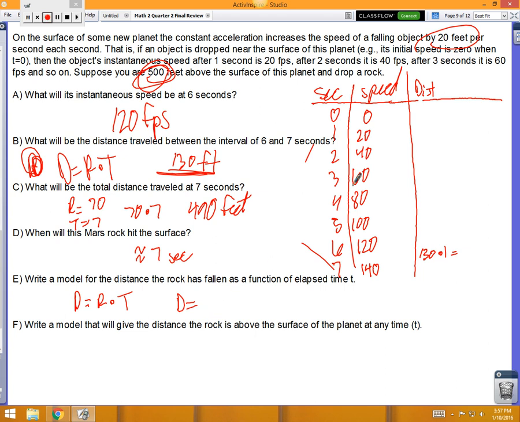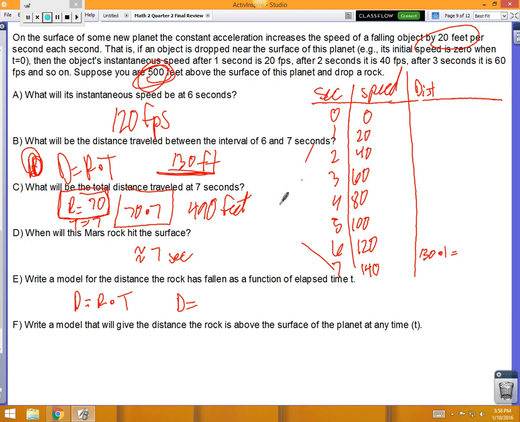And to find the rate, for example, we did 70 times 7. My rate was 70. So you got to figure out how in the world did you calculate 70.